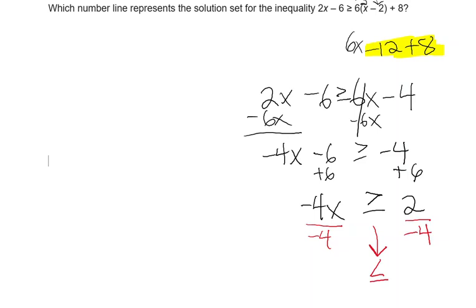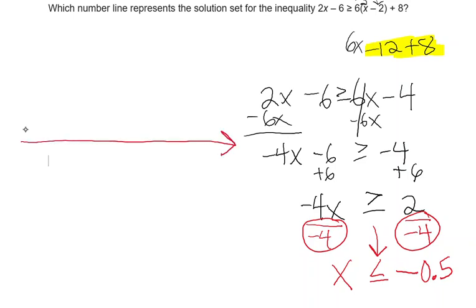So when you multiply or divide both sides by a negative number, that's when you reverse the inequality symbol. So now I have x is less than or equal to a positive divided by a negative is a negative, and 2 divided by 4 is 1/2, or 0.5.